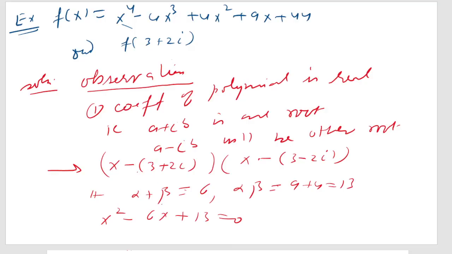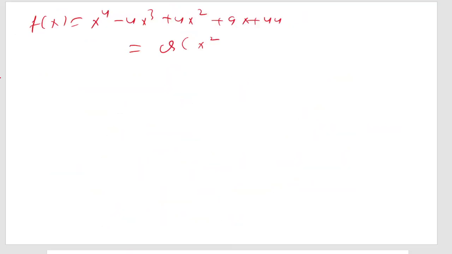Why? Because this equation has roots 3 plus 2i and 3 minus 2i, and that equation also has roots 3 plus 2i and 3 minus 2i. Got it? So we'll write it like this: quotient times x square minus 6x plus 13, plus remainder. This is the remainder.